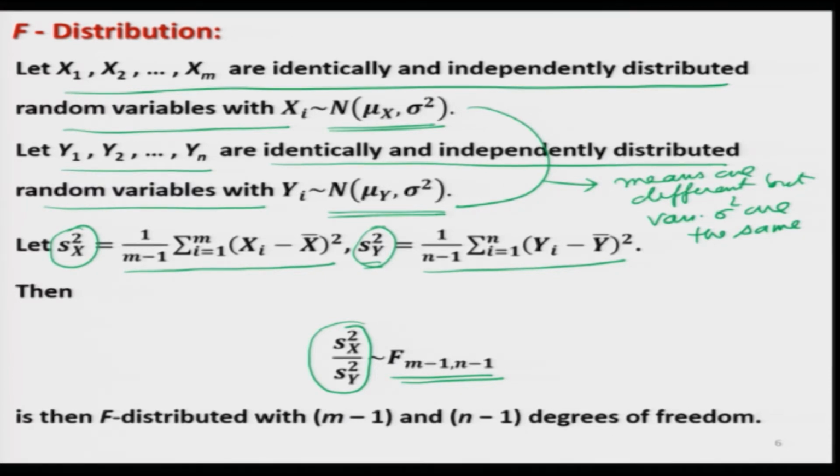That is a very important result which is going to help us when we want to draw different types of statistical conclusions based on the data. So, what you have to remember is that the ratio of the sample variances follows an F distribution, and the degrees of freedom of the random variable whose sample variance is in the numerator will come first, and the random variable whose sample variance is in the denominator will come later, right.